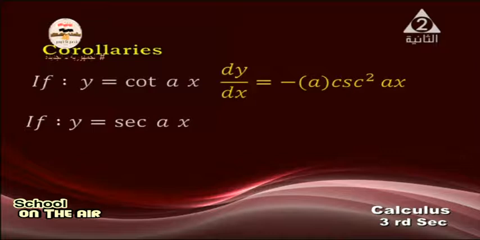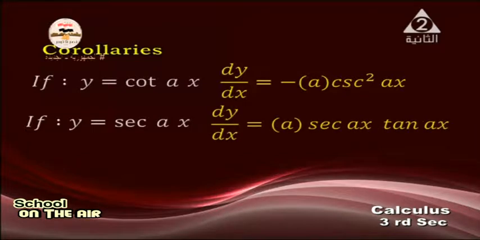If y equals sec ax, then dy/dx equals the derivative of the function sec ax, which equals sec ax multiplied by tan ax. And the derivative of the angle ax equals a. Then the derivative of sec ax equals a multiplied by sec ax times tan ax.